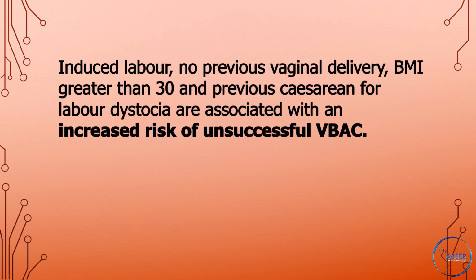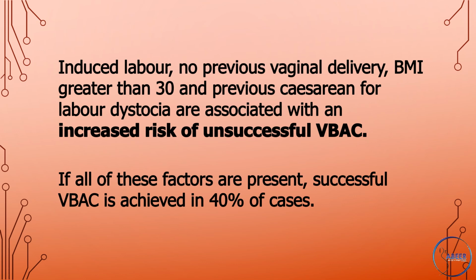Induced labor, no previous vaginal delivery, BMI greater than 30, and previous cesarean for labor dystocia are associated with an increased risk of unsuccessful vaginal birth after previous cesarean delivery, or VBAC. If all of these factors are present, successful VBAC is achieved in 40% of cases.